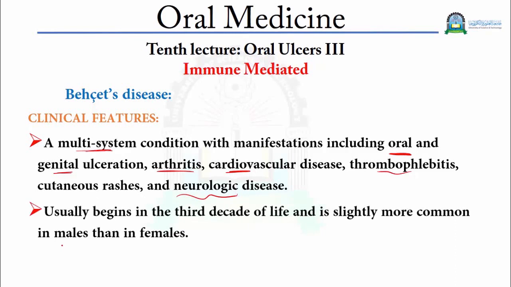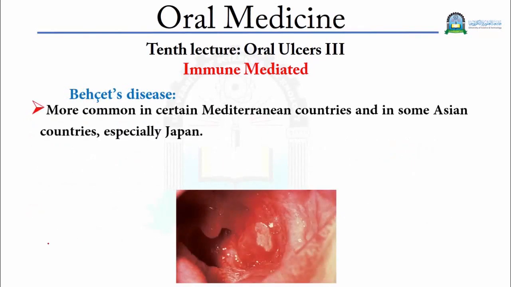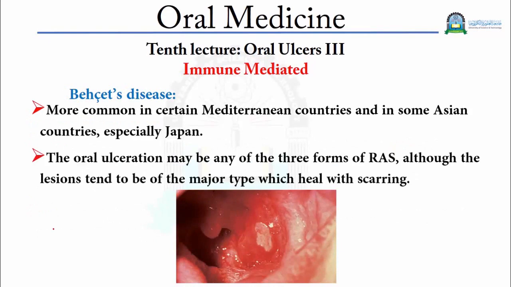It usually begins in the 3rd decade of life, and is slightly more common in males than females. It is more common in Mediterranean countries and in some Asian countries, especially Japan, as found in the literature.